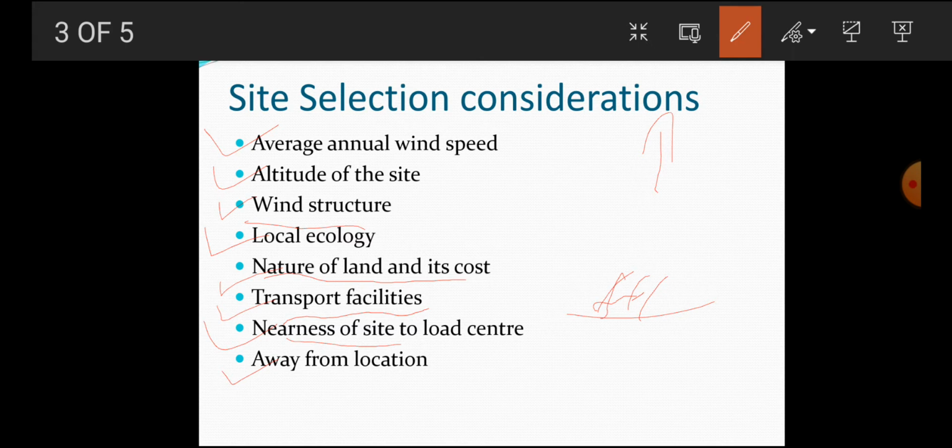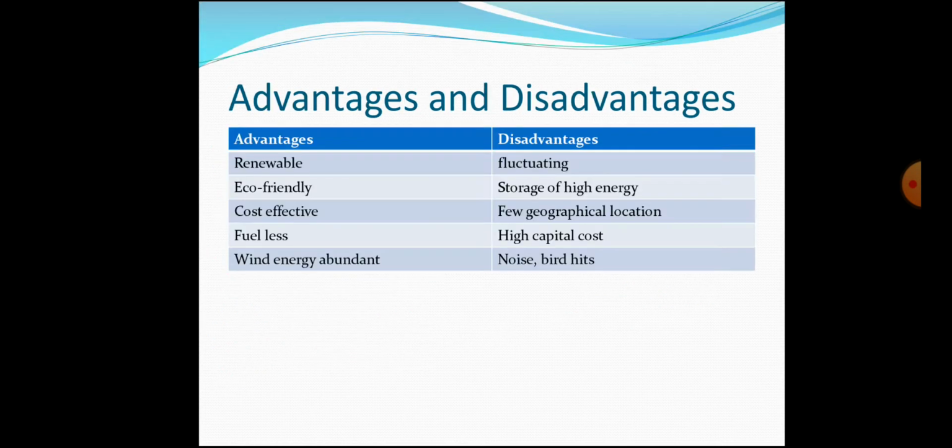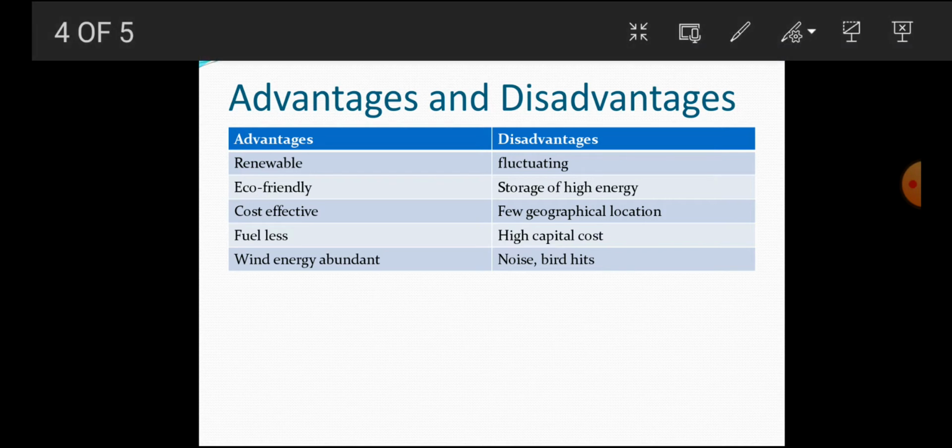Then next is advantages and disadvantages of wind turbine. So I have divided advantages and disadvantages in tables. So first we will see advantages. What are the advantages of wind energy?